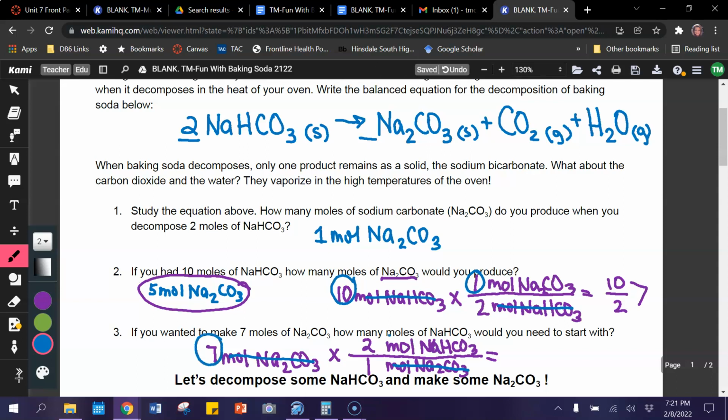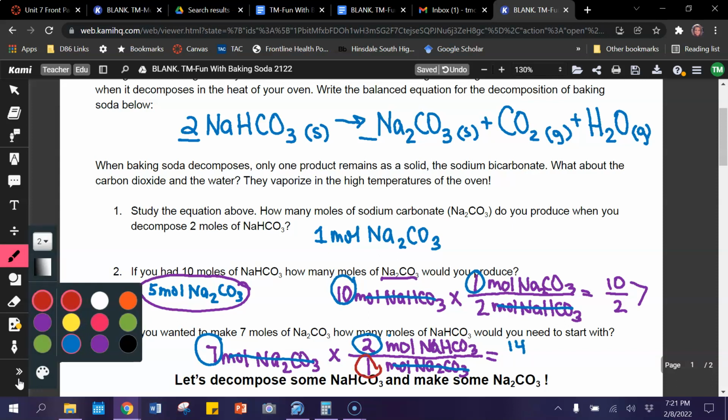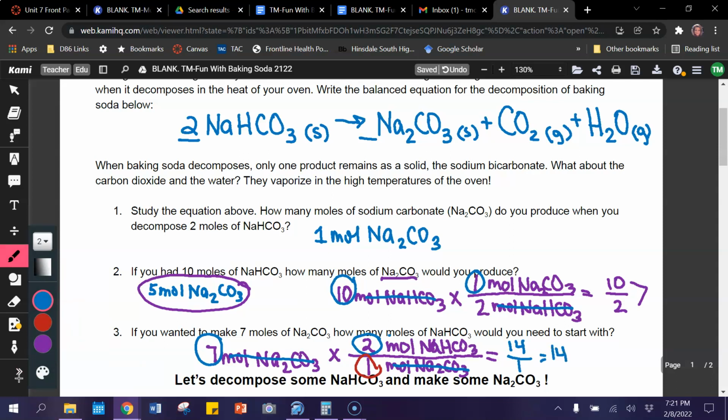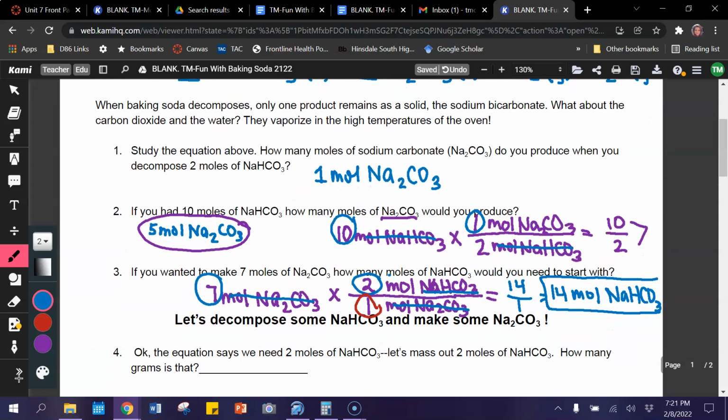And now I multiply across. 7 times 2 is 14. And I'm going to divide that by the number 1, which gives me 14 moles of, here's my compound, sodium bicarbonate. And that's exactly what we said at the very start of this problem when we were solving it with logic.